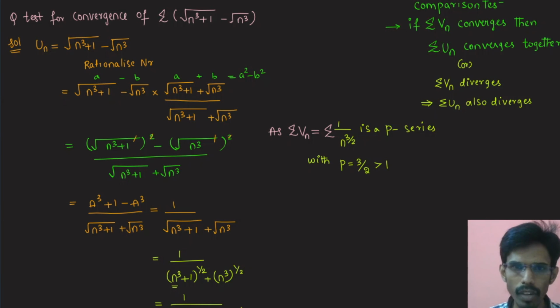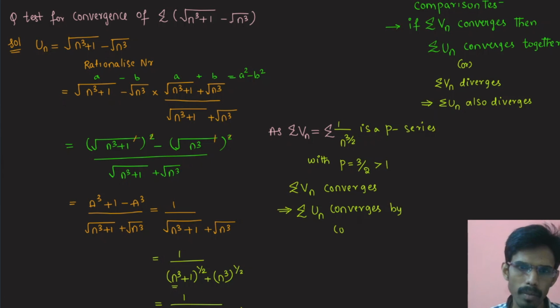When p is greater than 1, this sigma Vn converges. That implies if sigma Vn converges, automatically sigma Un converges by comparison test. Since the comparison test says that both series converge or diverge together, or simultaneously.